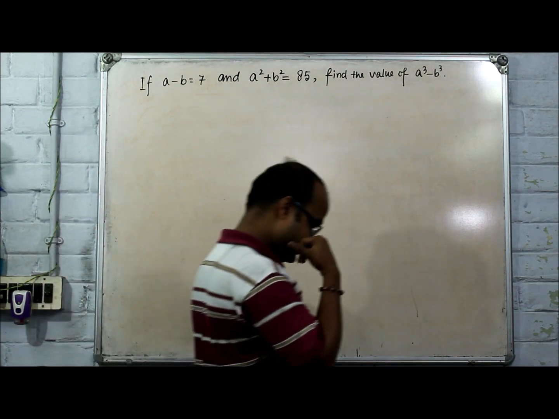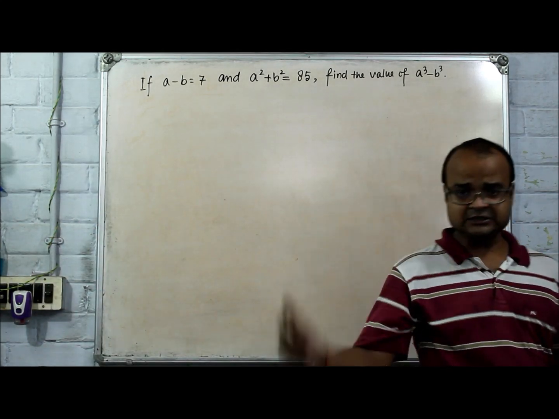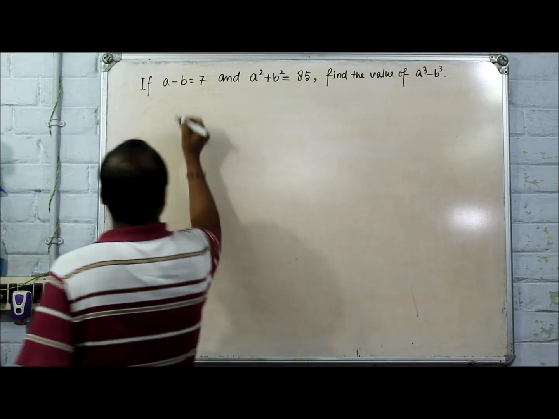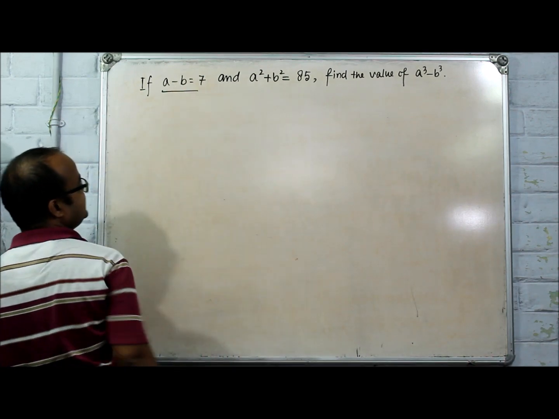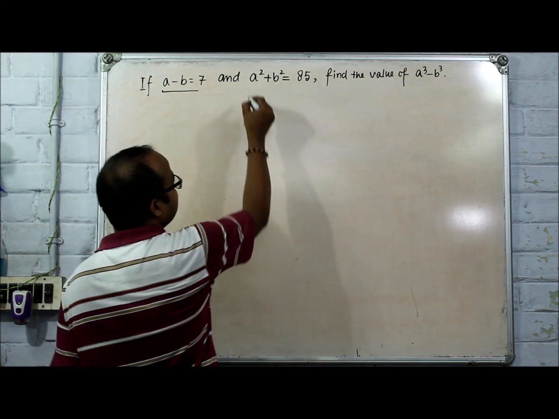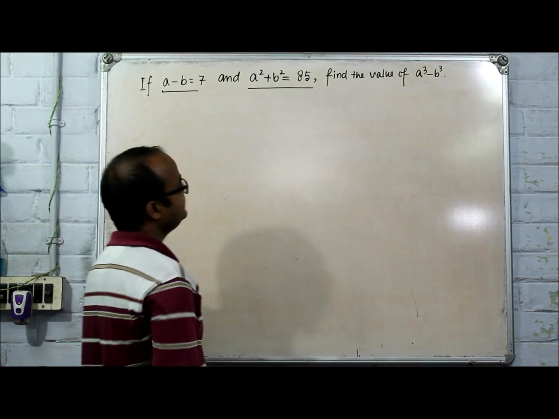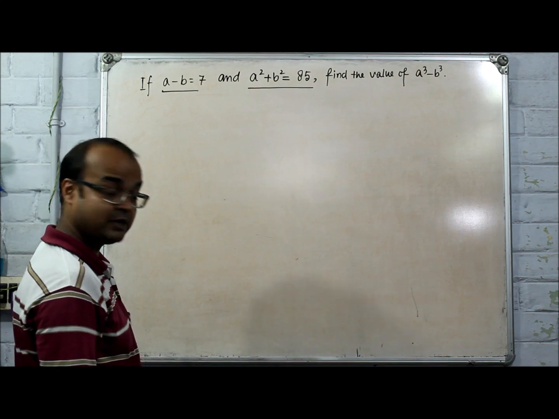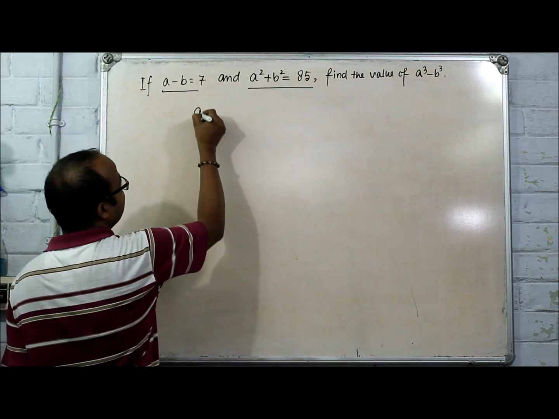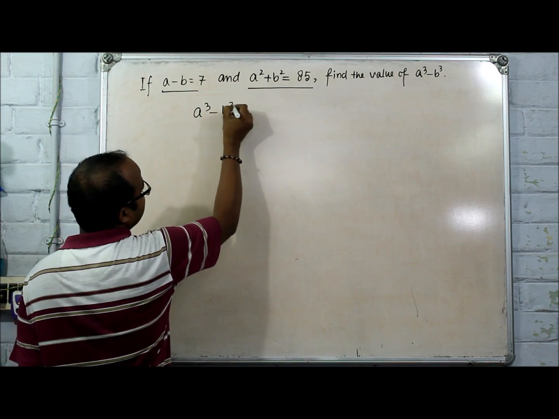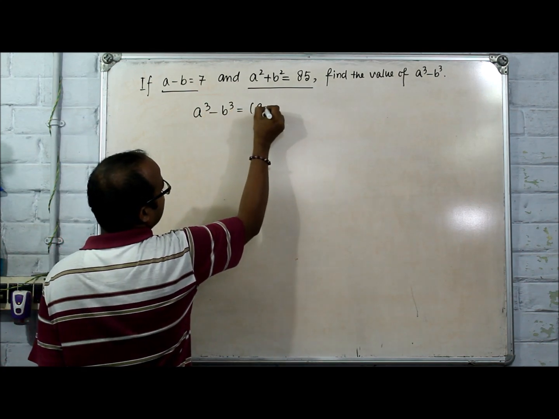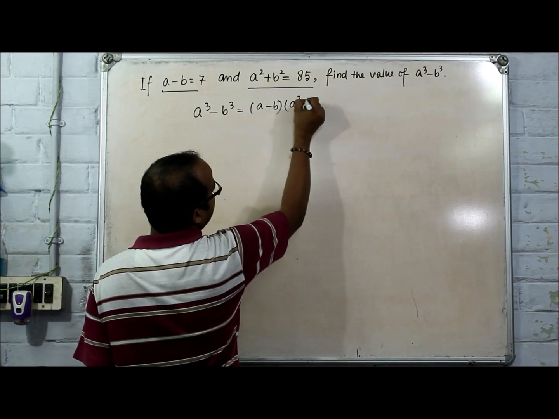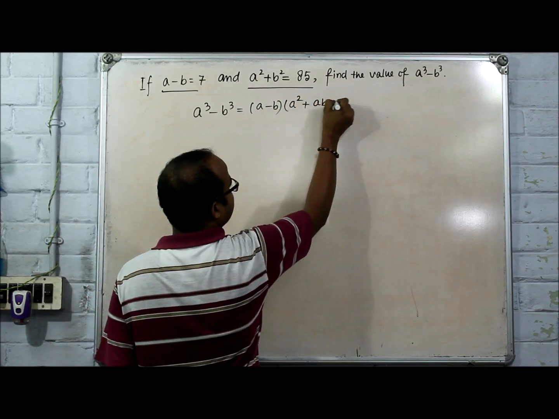Now let me take another example before I wind up the chapter. Here a minus b is given as 7 and a square plus b square is given as 85. So we need to find out the value of a cube minus b cube. Now what is the formula of a cube minus b cube? It is equal to a minus b into a square plus ab plus b square.